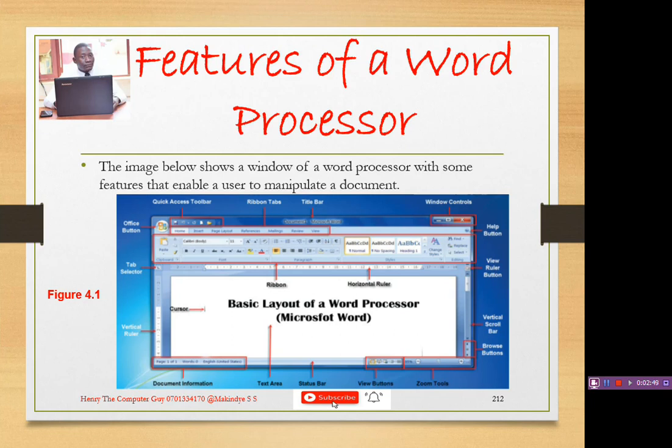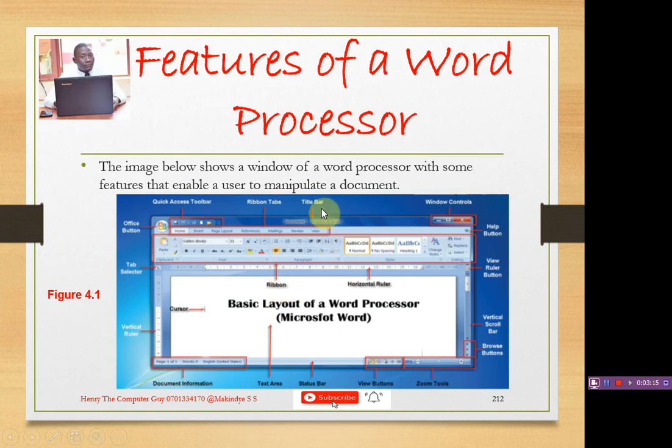It includes all those 7 tabs that we are going to be looking at. And remember, each tab has different options. We shall be looking at how each of these options work in the different tabs. And the whole combination of the tabs and their options, if we combine them, we can term as a ribbon.